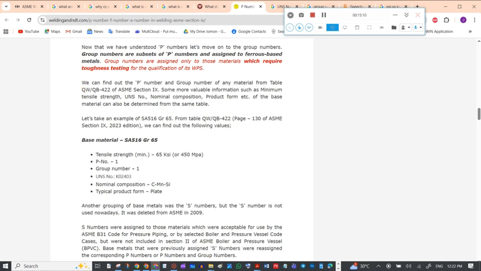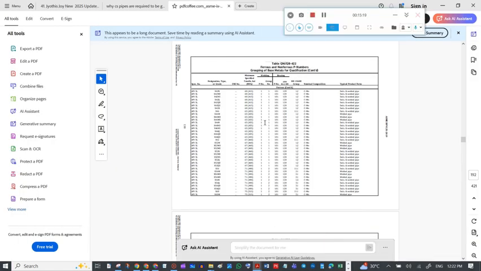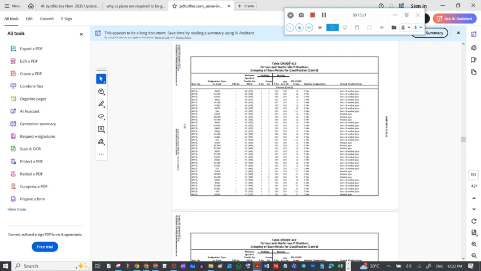This table is shown here. It is the ASME Section 9.